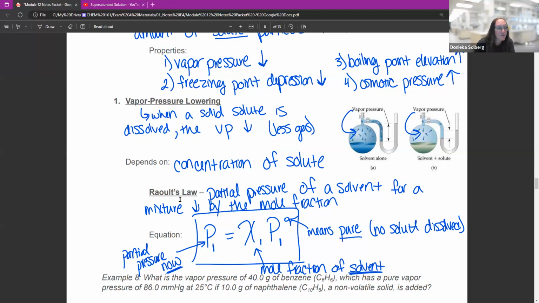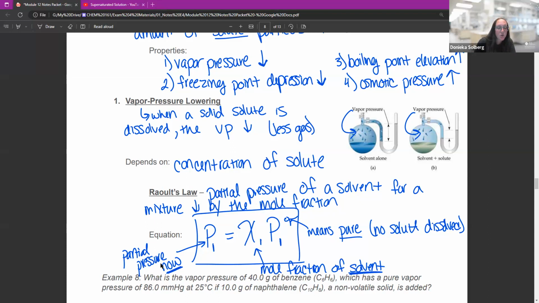So there's a calculation for this. It's called Raoult's law. It says that the partial pressure of a solvent in a mixture decreases by the mole fraction. The reason we were doing mole fractions is because the partial pressure changes based on how much stuff you have dissolved.